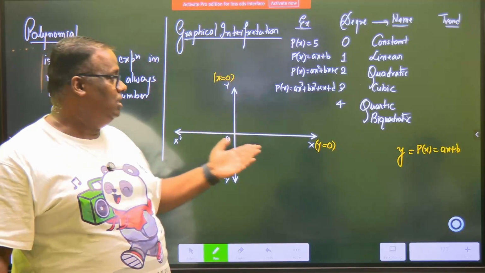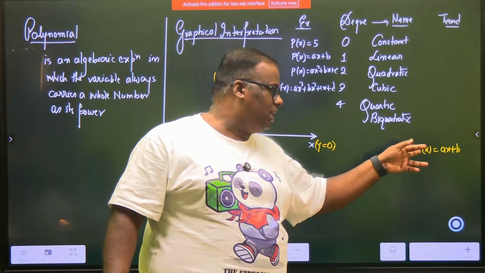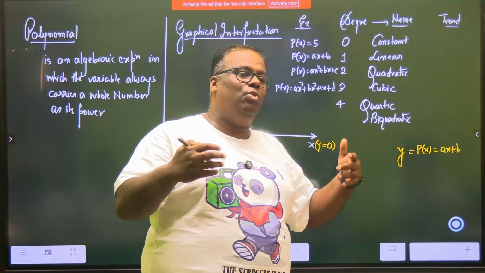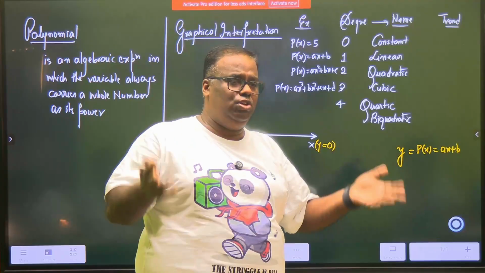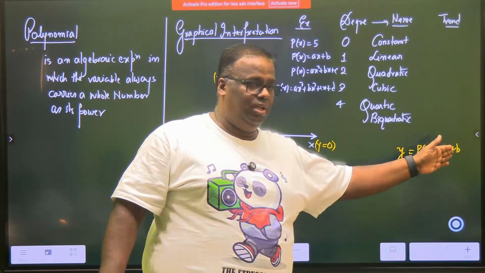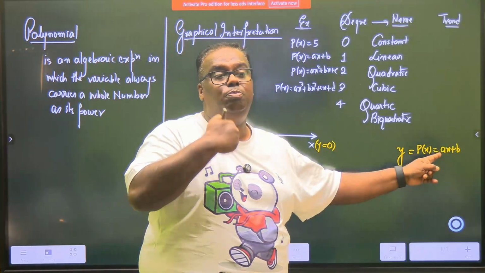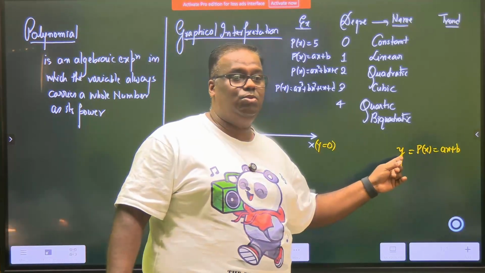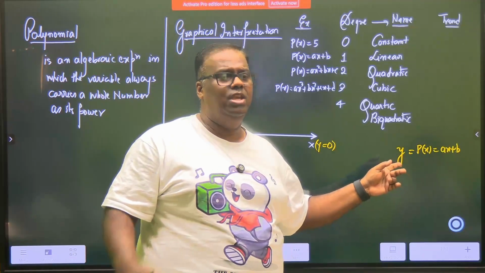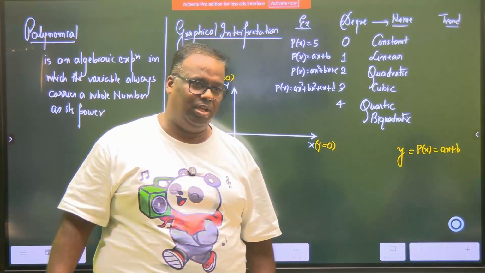Y is the function value. If you input x, what is the value of y? So we can call it y equal to f of x, y equal to g of x, h of x, p of x. Means if p of x is defined like this and you enter x as 1, whatever the function gives out is known as the function value, also represented as y. Why? Because in the Cartesian coordinate system we have x and y. Understood?